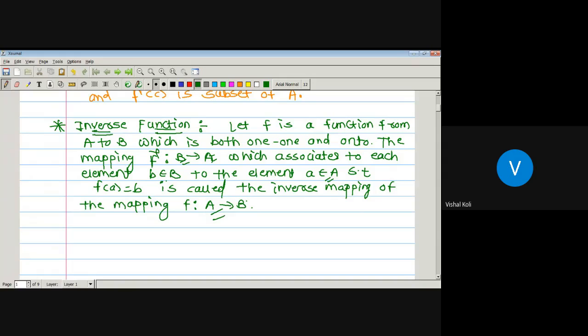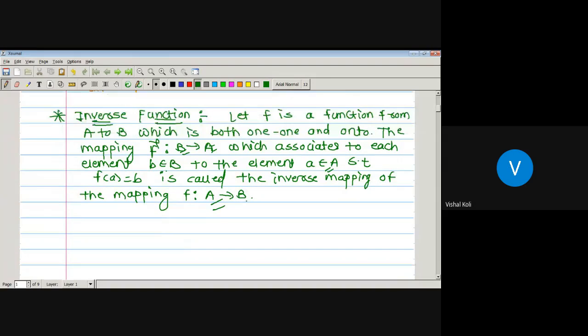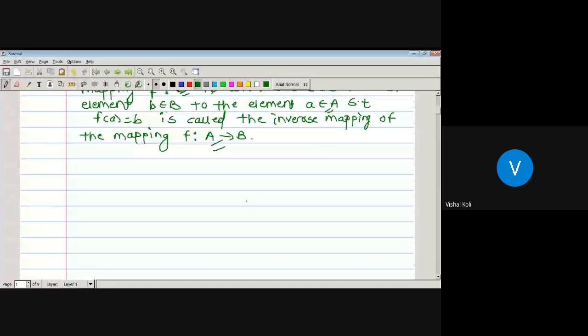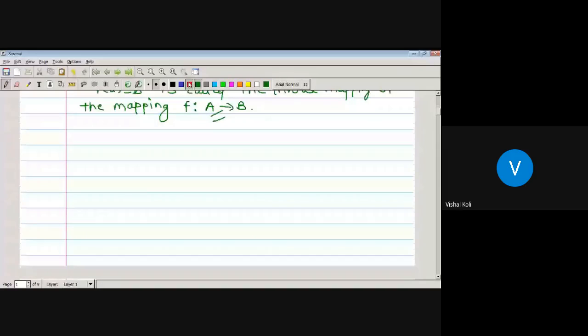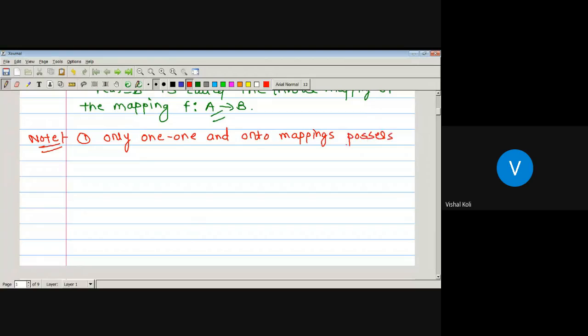Now there are some important notes. First one: only 1-1 and onto mappings possess inverse mappings.